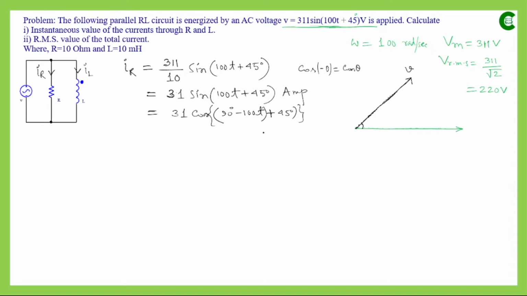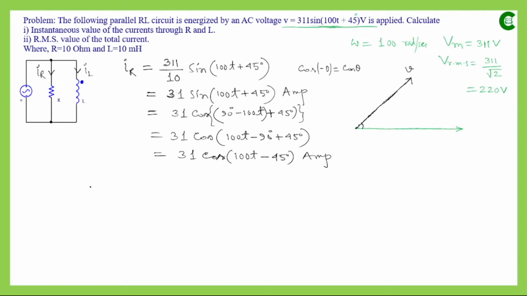So we can write this angle directly as 100t minus 90 degree. Both are the same, and then with that there is a phase difference which is 45 degree. So finally it will be 31 cos of 100t minus 45 degree ampere, if we really wish to express the current value in the form of a cosinusoidal signal.